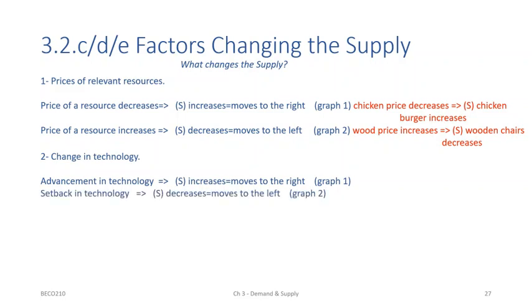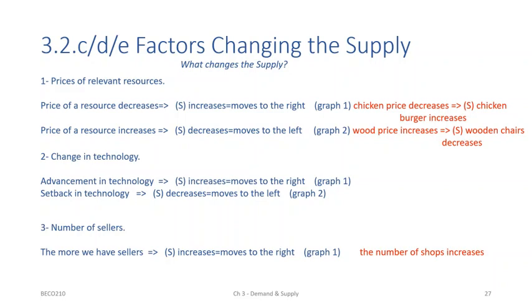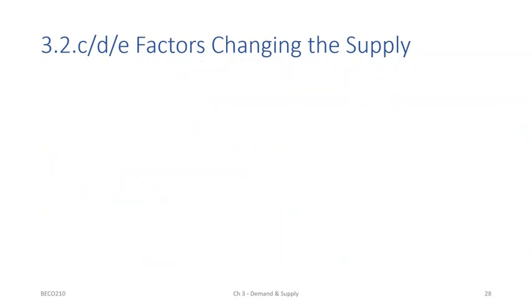Change in technology. Whenever we have an advancement in technology, the supply increases. Whenever we have a setback in technology, the supply decreases. The more sellers we have, the more the supply. The fewer sellers we have, the less the supply.